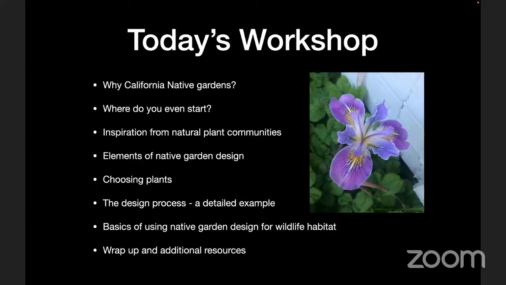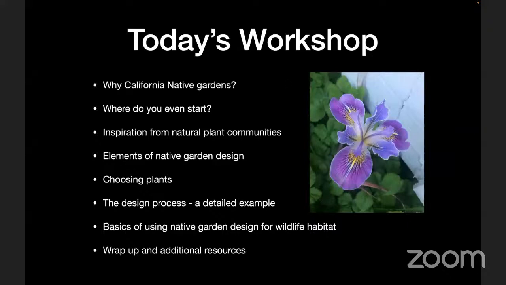So here's what we are going to be covering today, our outline for the workshop. We'll talk about why we might be interested in planting California native gardens, for people who are curious or just getting into it. We'll talk about where you even start when you're thinking about design. We'll take some inspiration from our Southern California wild plant communities.